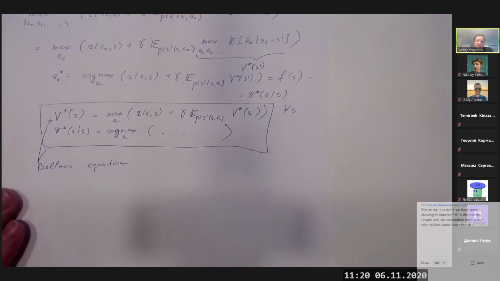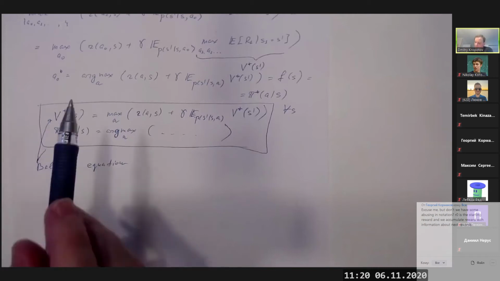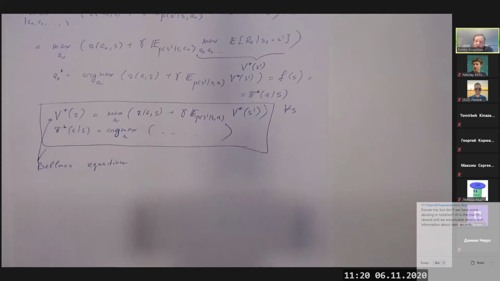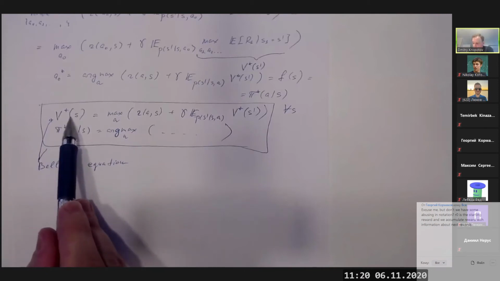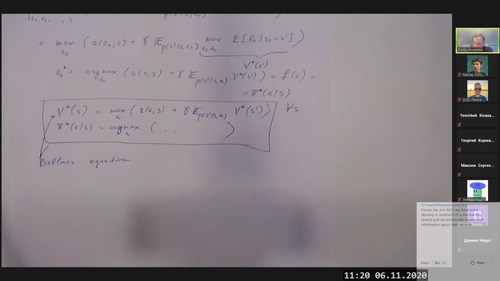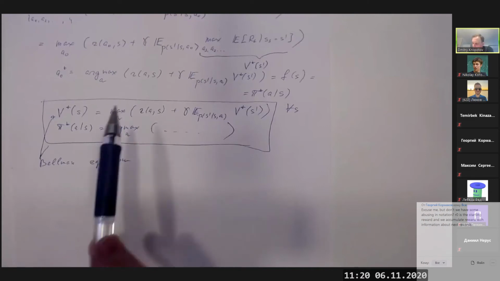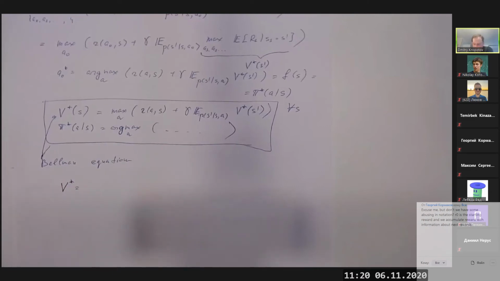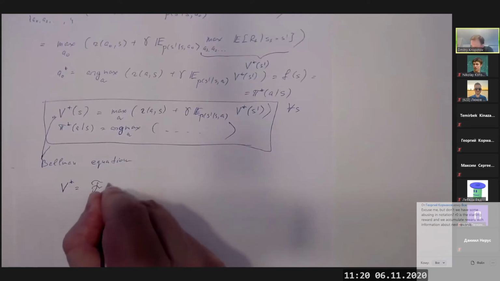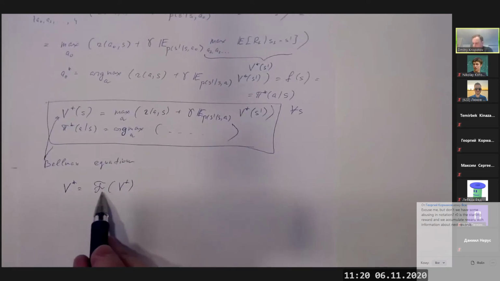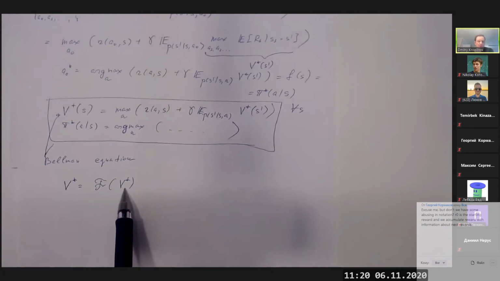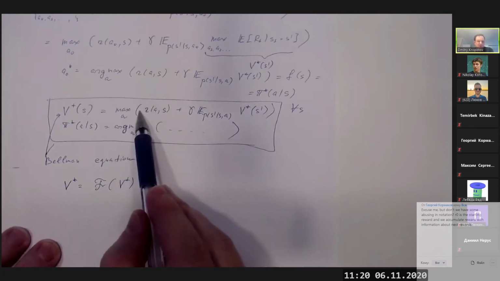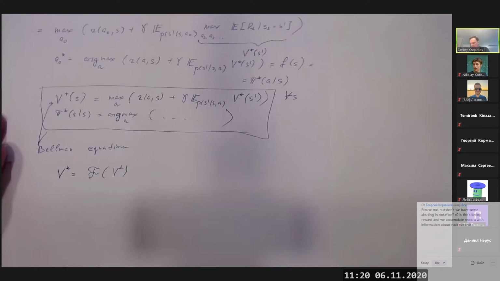In the case of discrete environments, our V function, V star of S, is just a vector of numbers: the values of the V function for all possible states. And here we have an expression of the following form: V star is some transformation F on V star. And this F is this maximization, etc.